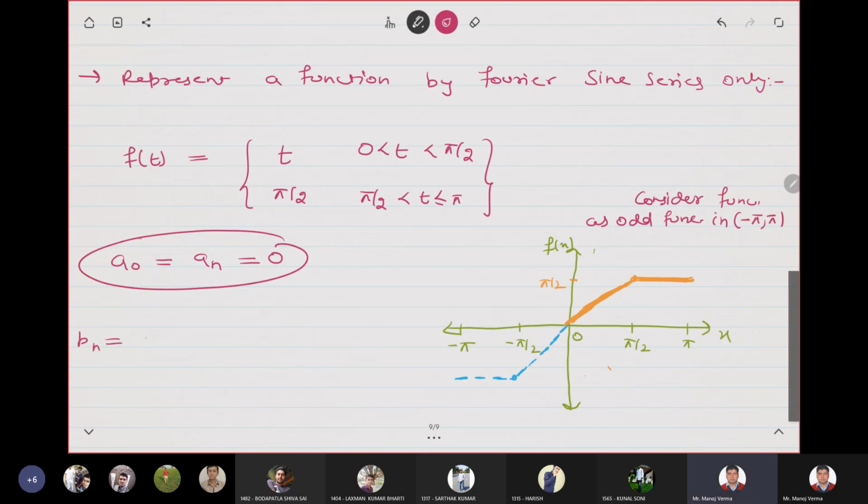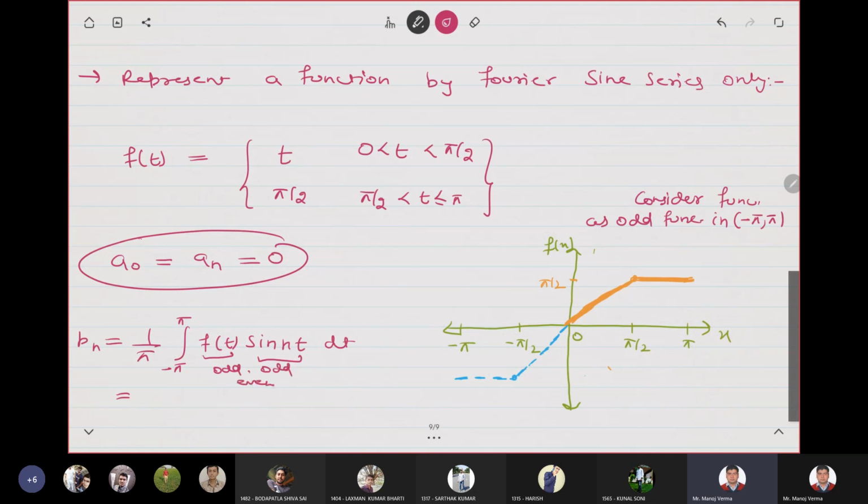Let's see what will be the value of bn. And of course, this is an odd function. I am integrating. First I will write this: bn equals minus 1 over pi, integral from minus pi to pi of f of t sine nt dt. This is an odd function, this is an odd function, and odd times odd will become an even function.